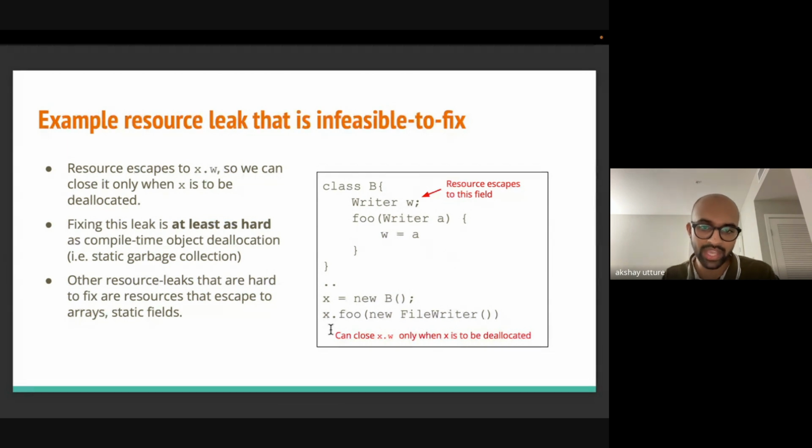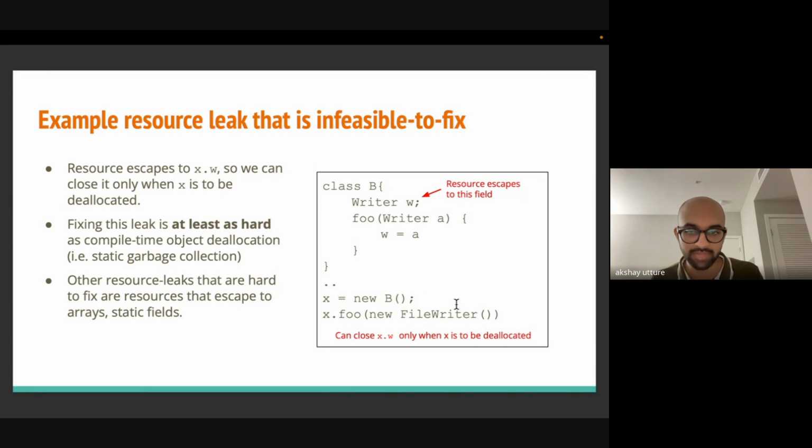Down below, we have some code which says x is equal to new B and x.foo of a new file writer. You can see that the file writer resource escapes to the field writer W.